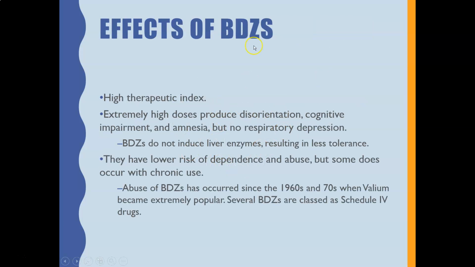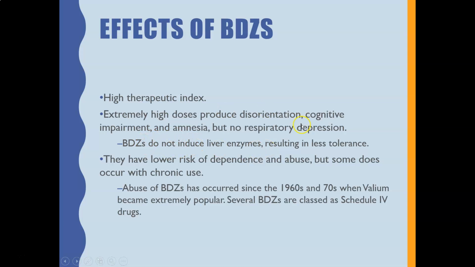So what are some of the effects of benzodiazepines? One of the things that's really great about them compared to barbiturates is that they have a higher therapeutic index. Now, having said that, despite the fact that they're safer, you do have to be careful with them. High doses will produce disorientation, cognitive impairment, and amnesia, but you won't get the respiratory depression that you would get with a barbiturate.